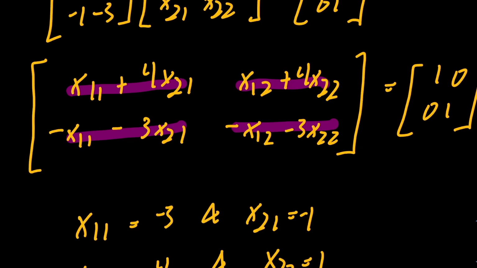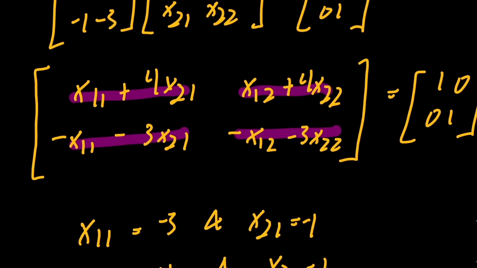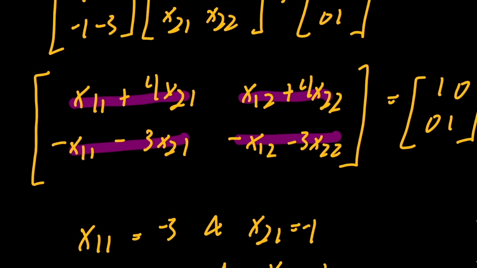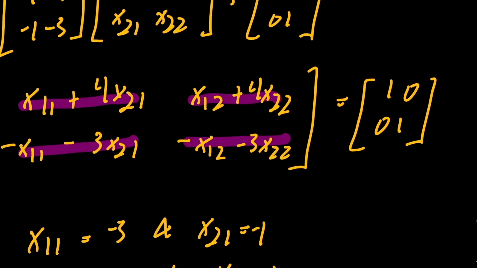Well, we were able to solve the x variables in the simplest way possible, because in the first column, the x11s cancel out, and we get x21. And if we go to our identity matrix and correspond it to the first column of the identity matrix, we get that x21 is equal to 1.